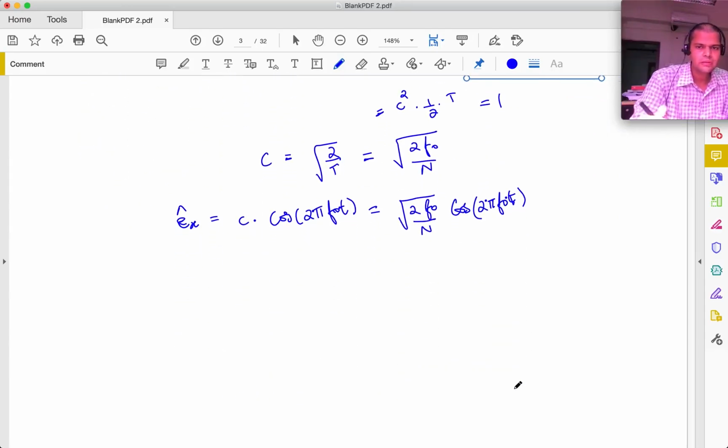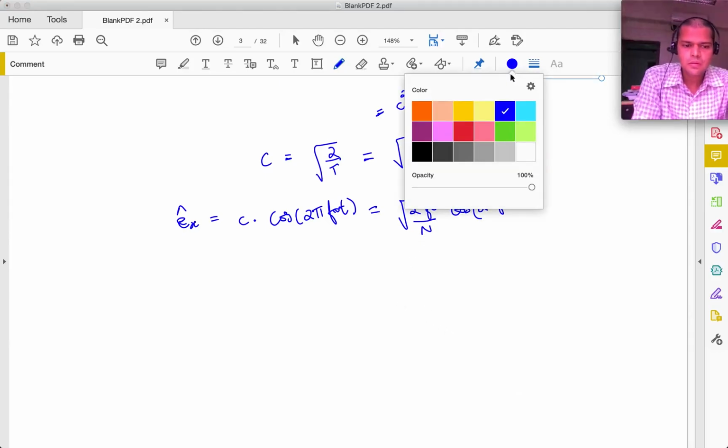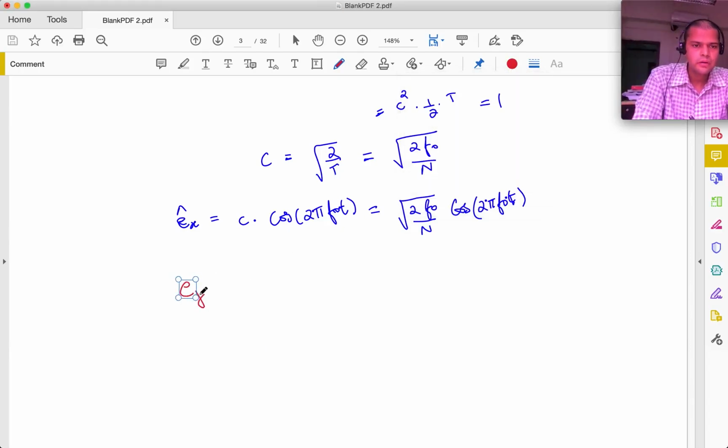And we can extend this: Ey is just the same thing, but we're going to have sine 2 pi f0 t.